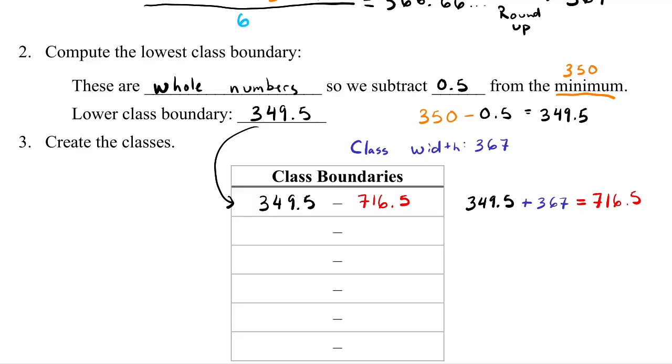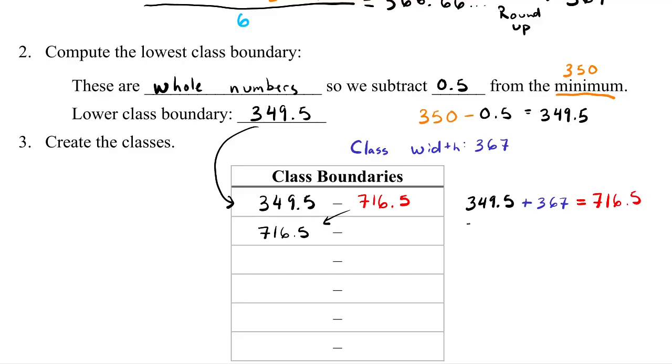Now, my first class ends at 716.5. I want my second class to begin in exactly the same place. So my first upper class boundary just gets copied down to be my second lower class boundary.